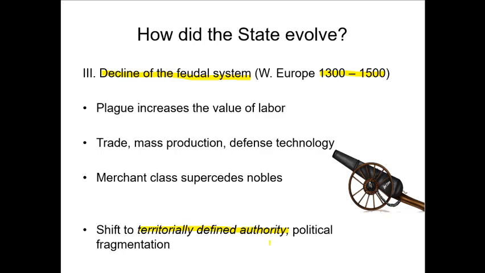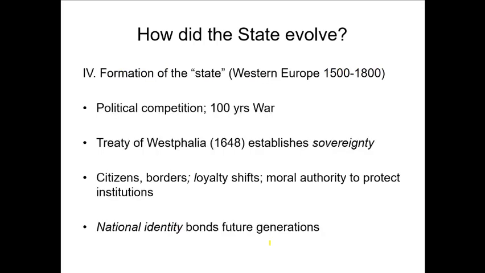We started to see about a dozen cultural groups fracture off into these territorially defined authorities, where not only did they politically fragment, but they also went into considerably more political competition, which really kicked their development into overdrive as well.